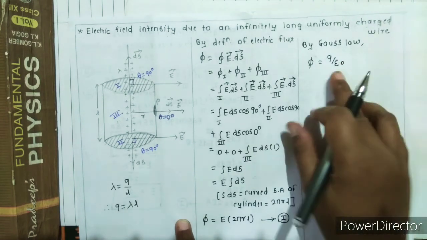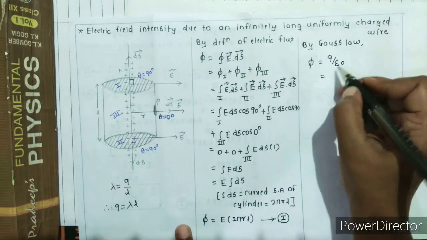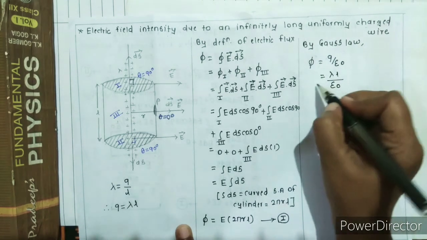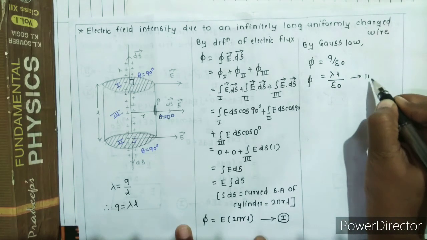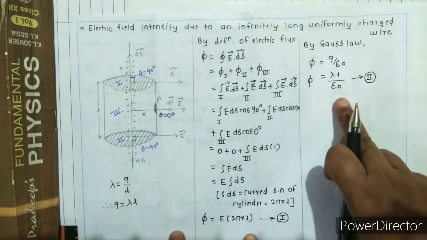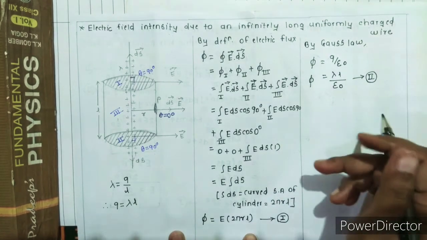But in terms of linear charge density, I can write Q is equal to lambda L upon epsilon 0. And this is my second equation. Now observe equation first and second. LHS are same. So RHS are also same.